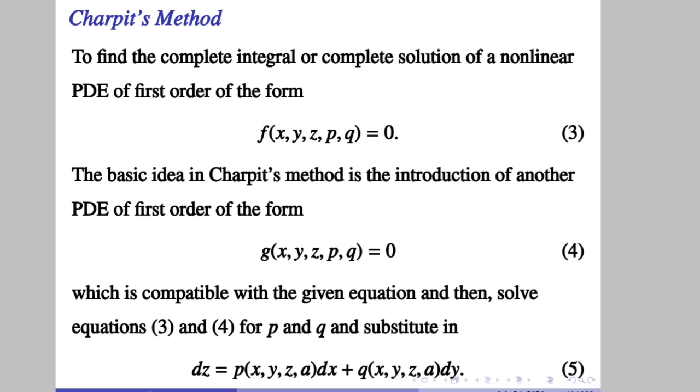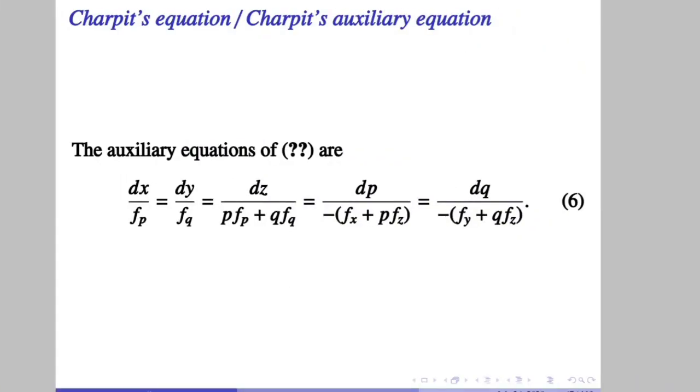So that is the total derivative dz is equal to dou z by dou x into dx plus dou z by dou y into dy. We are finding this. Instead of dou z by dou x and dou z by dou y, we are writing p, q. Then integrating, we are getting the z value, the implicit solution or explicit solution of z.